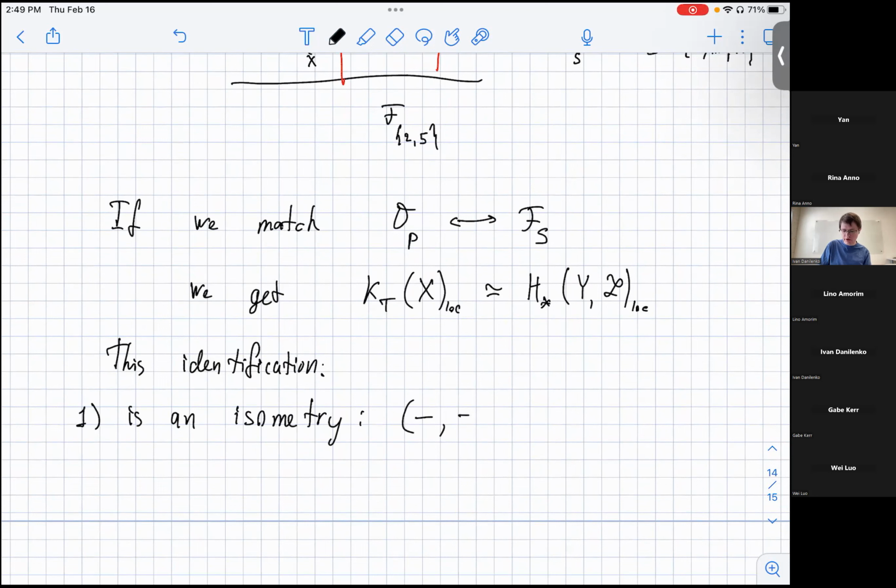So the Euler characteristic, the Fourier-Mukai pairing, of the derived category in both categories matches.